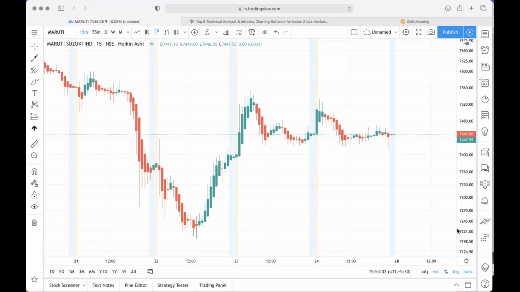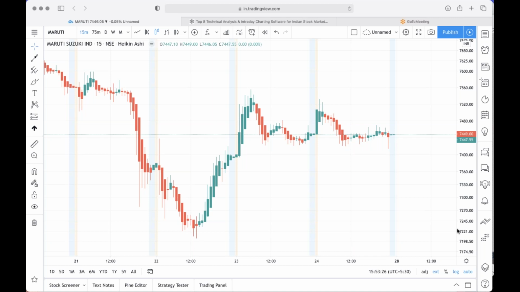If the actual trend continues after the exit, it can continue, it can fall, it can do anything. But when you're trading, you need to stick to your rules, right? So be it Heiken Ashi or candlesticks or anything, you stick to the stop loss that the chart is giving you. After the stop loss is hit, it can go up. If it goes up, you have to find a way to get back on board again.